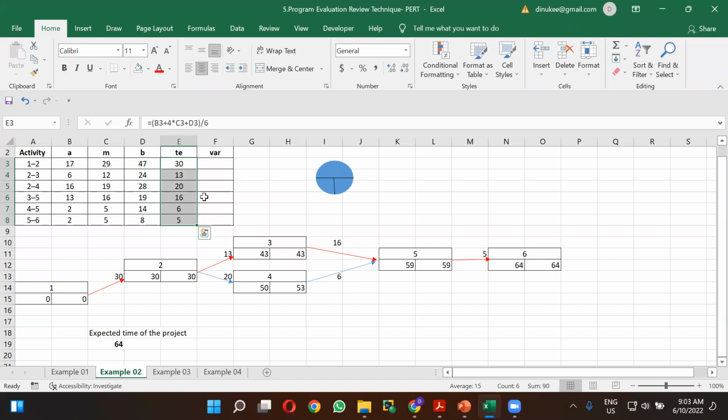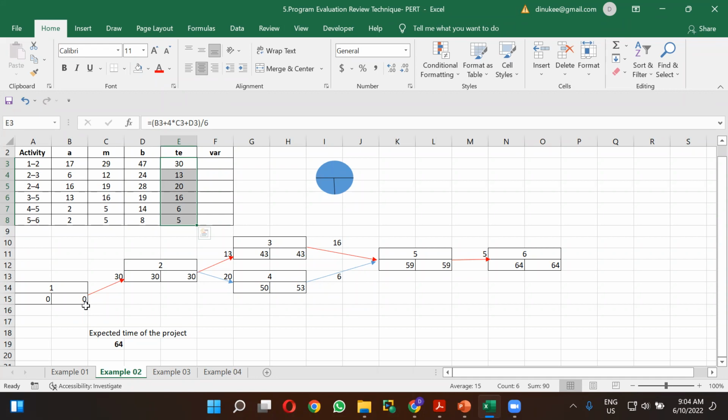After calculating the expected time of the activity, you can draw the project network. After drawing the project network, you calculate the early start and late finish time. So the second one is draw the project network.